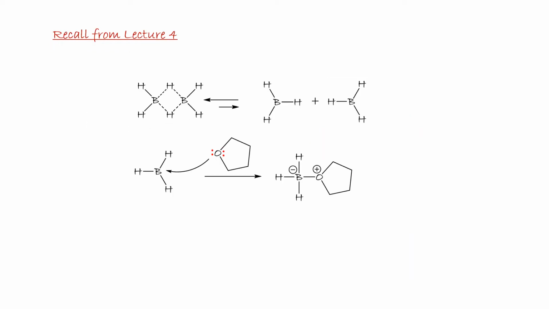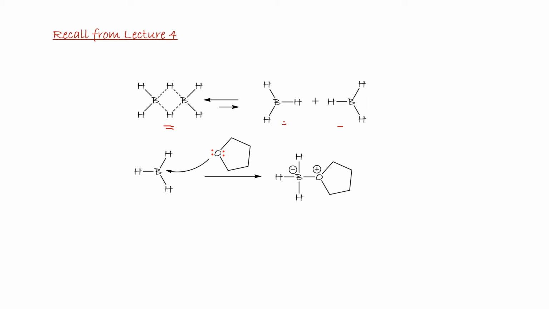Recall from lecture 4 on Lewis structures, diborane exists as a dimer of borane, where we have a 3 center, 2 electron bond called a banana bond between the boron, hydrogen and boron atom.